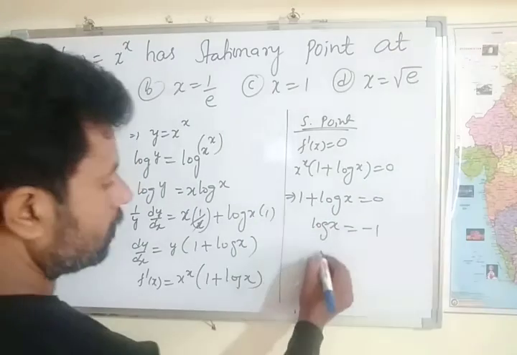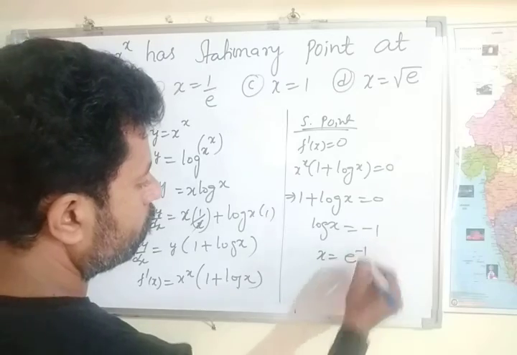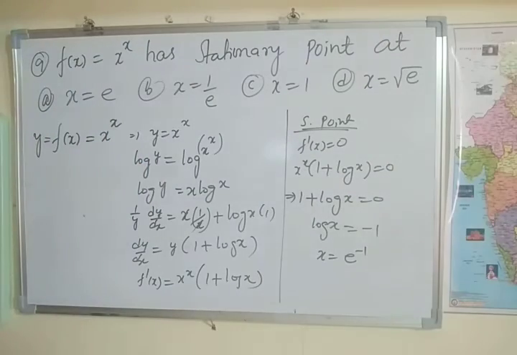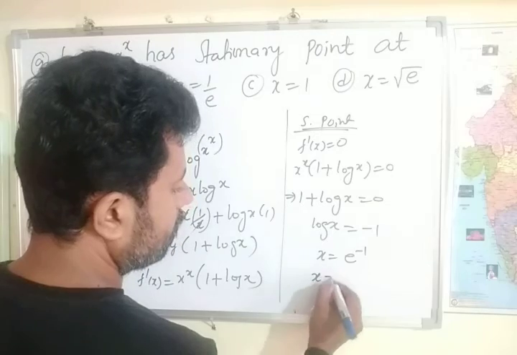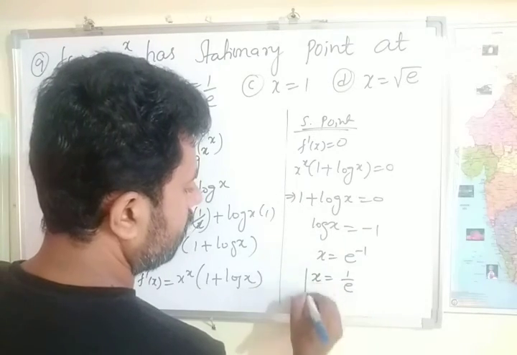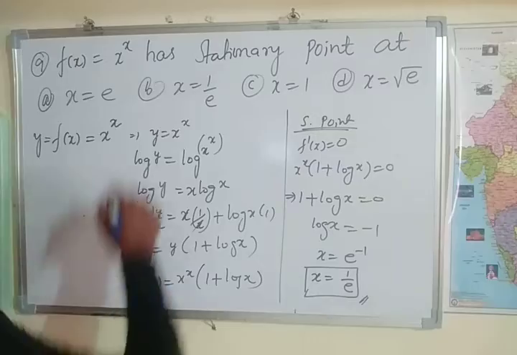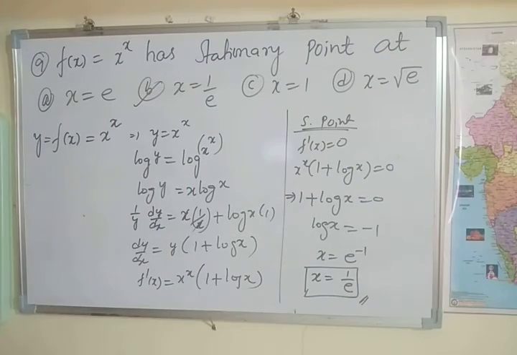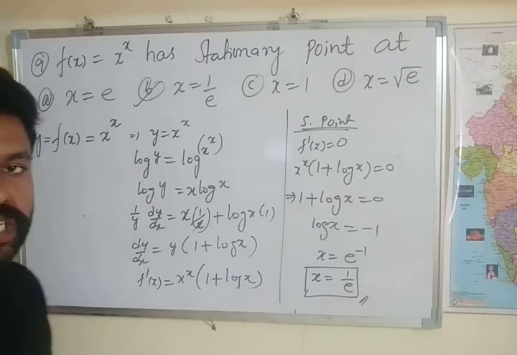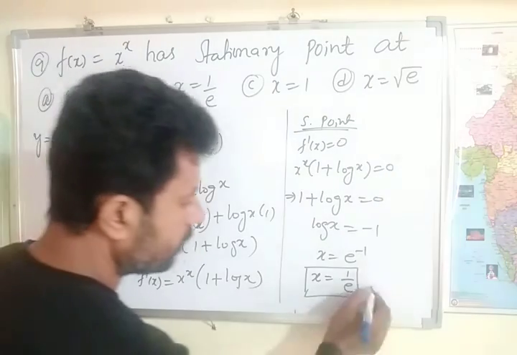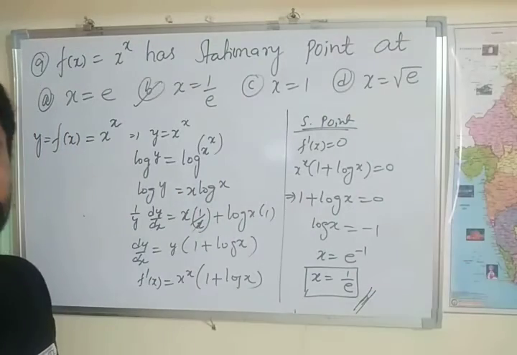Then this result can be as x equals to e to the power minus 1, or this result can also be as 1 by e. X is equals to 1 by e. Option B is correct. See, f of x has a stationary point at x is equals to 1 by e.